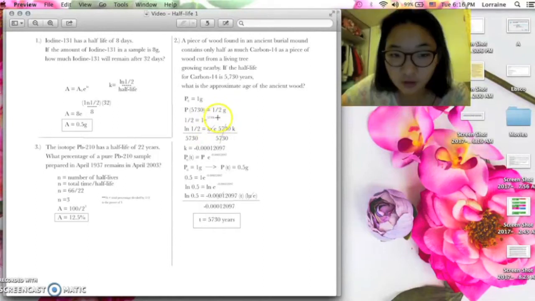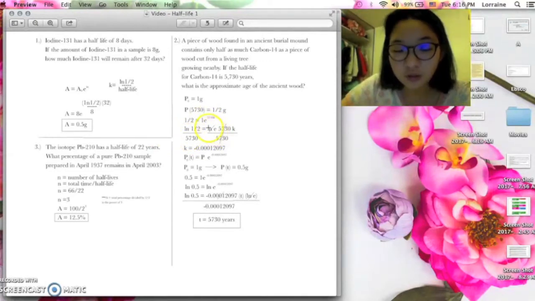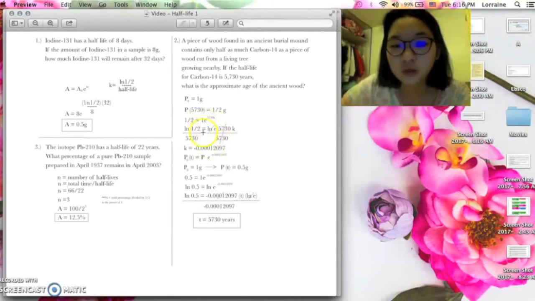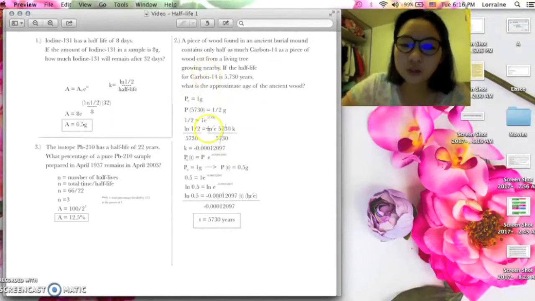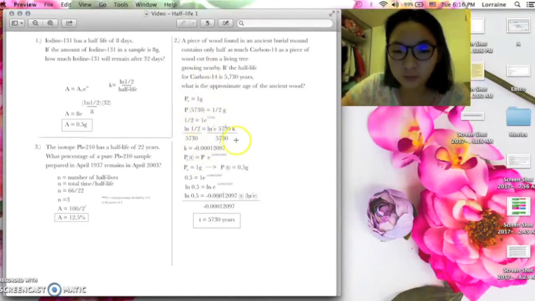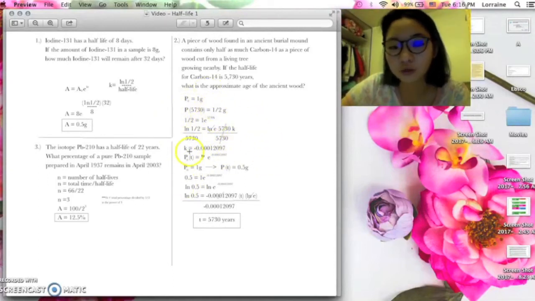5,730k. Then I use the natural logarithm rule. I based my solutions on algebra, not on calculus, but I think you can also solve them through calculus.